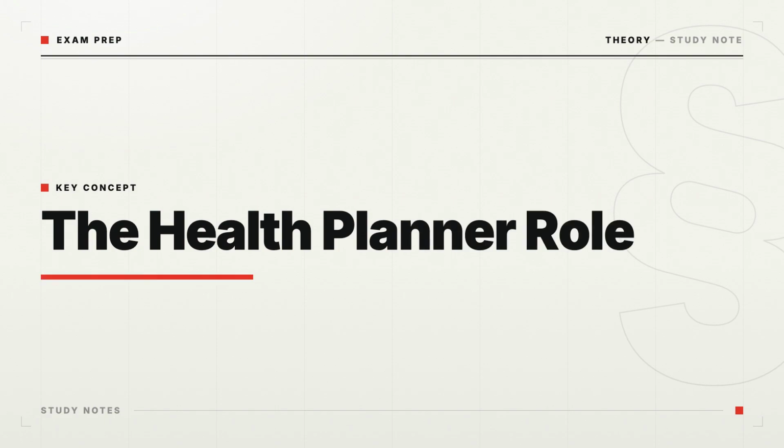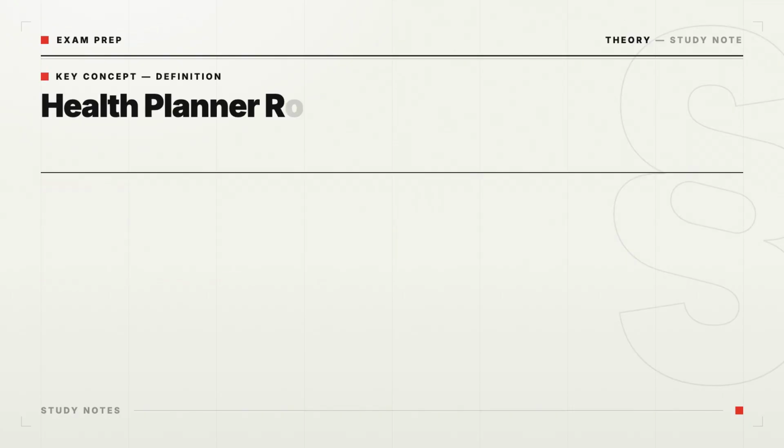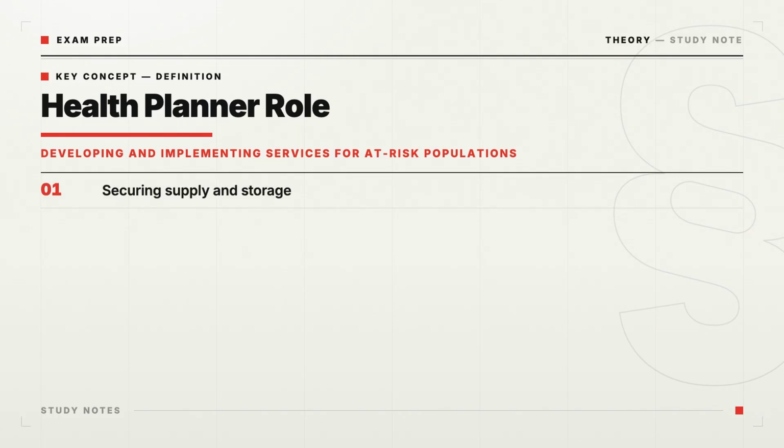Nobody calls logistics clinical work, which is exactly why the health planner role gets undervalued. But a well-designed clinic that opens on the wrong day at the wrong hour in the wrong building will vaccinate almost nobody. Picture a nurse noticing low immunization coverage in a housing complex.